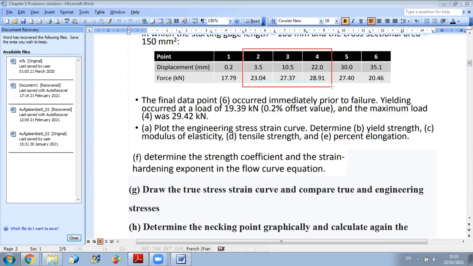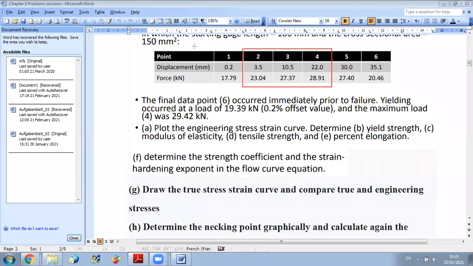So pay attention always when they ask you to find the strength coefficient and the strain hardening exponent. You should take points between elastic zone and necking zone. So try as much as possible to take points that you are sure that they are far from elastic and fracture and necking part. Okay, so here these 3 points belong to the strain hardening zone.